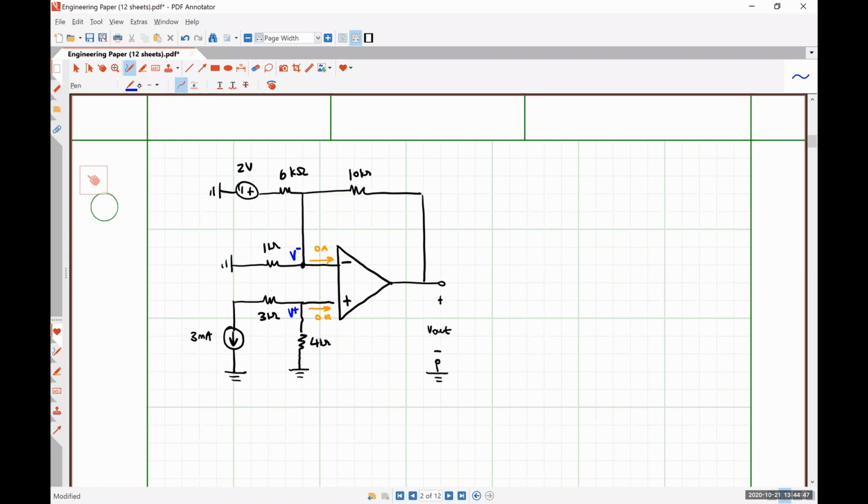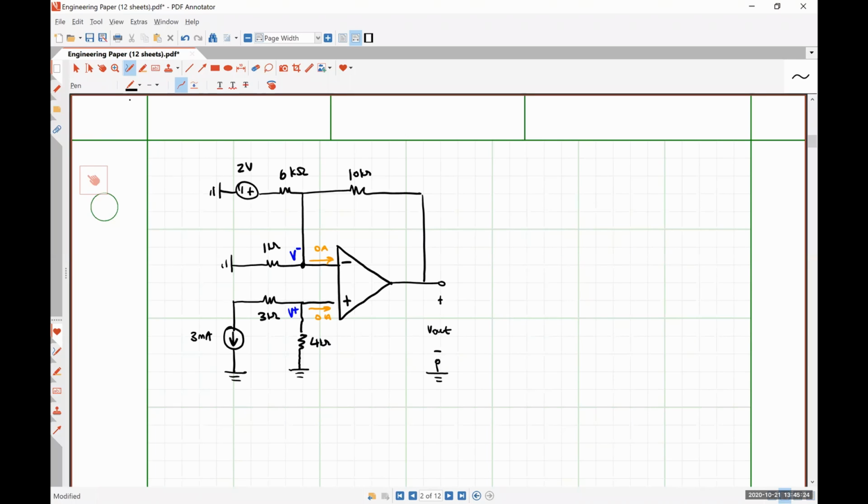So how are we going to solve for the voltage V plus? Tell me how you would solve for V minus. Right, but you'd have one equation and 2 unknowns.